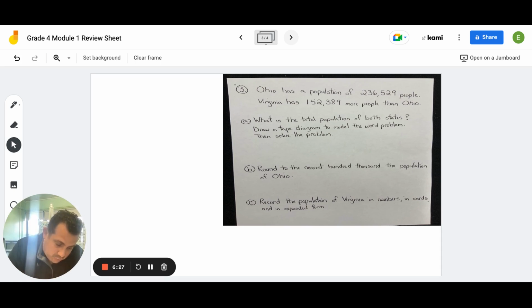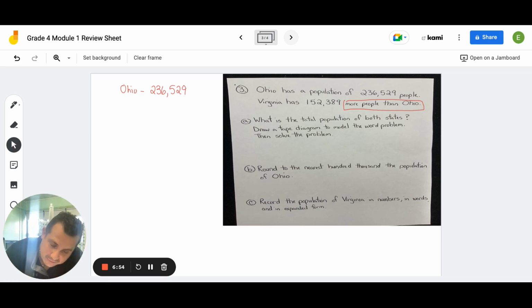That's the super important part of this question. That's how many more people than Ohio. This is not the population of Virginia. It's not. I know Ohio has 236,529 people.